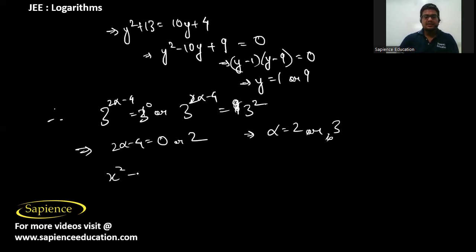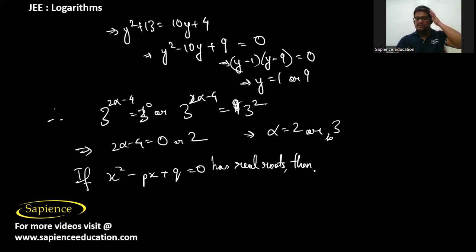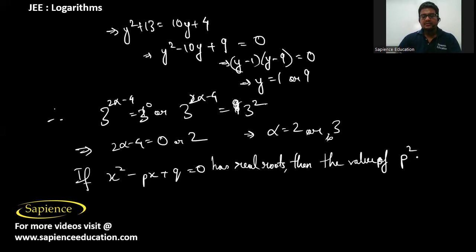As you know, x square minus px plus q equal to 0, if this quadratic equation has real roots, then the discriminant should be greater than or equal to 0. It means the value of b square minus 4ac, that is p square minus 4q, should be greater than or equal to 0.